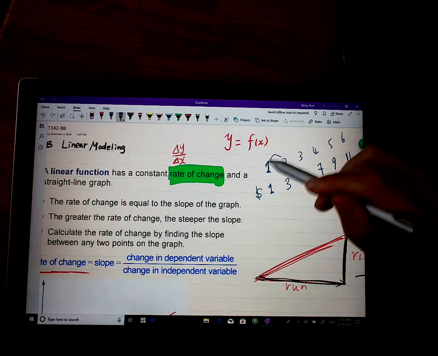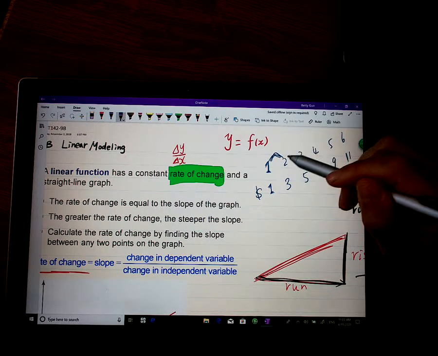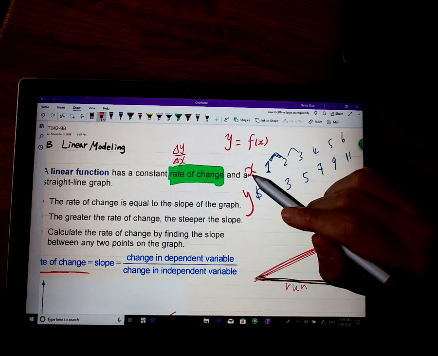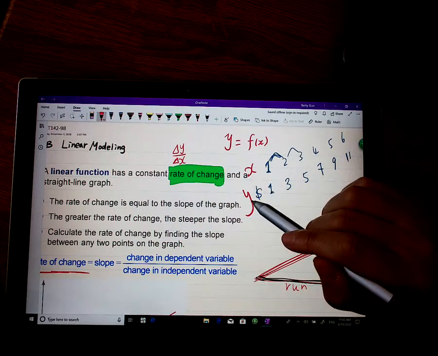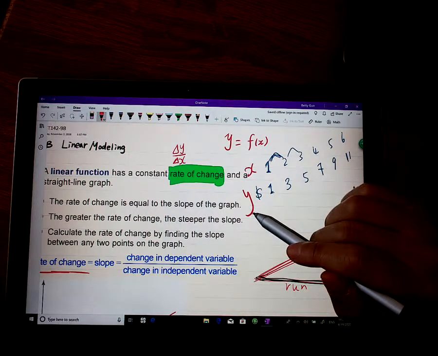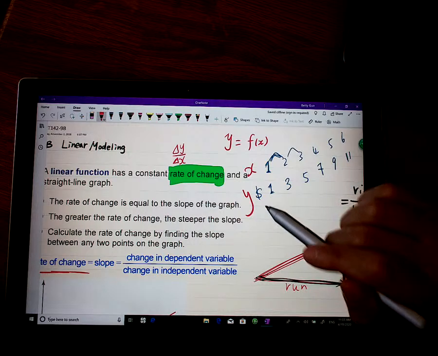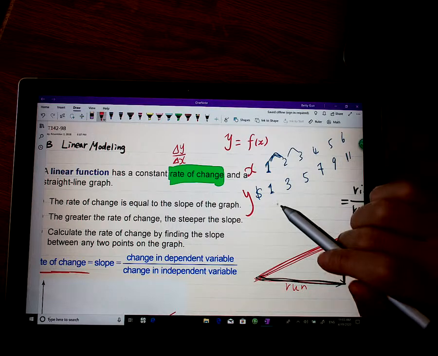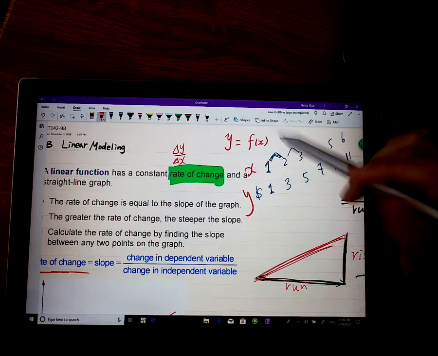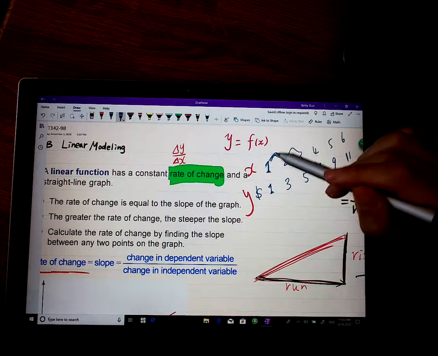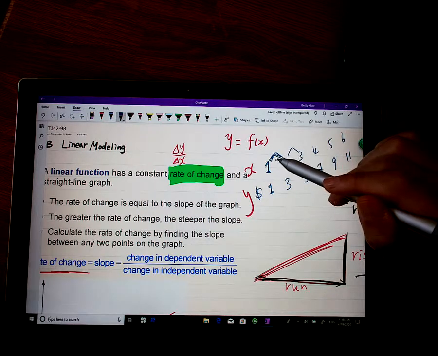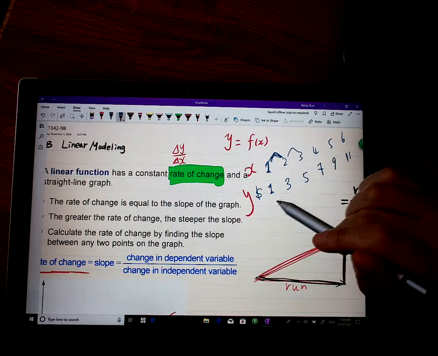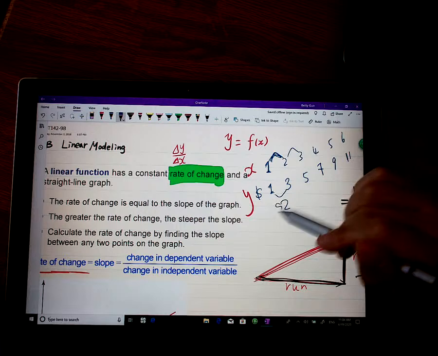So for the change of x, this is x, this is y, right? The independent variable here is time in days. The dependent variable here represents the money that I give you. I'm going to show you that this is a linear model, a linear function, because for the increment in time in days, every time 1 day passes, the change in the money that you receive is $2.